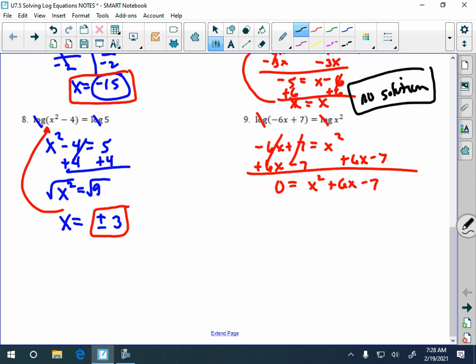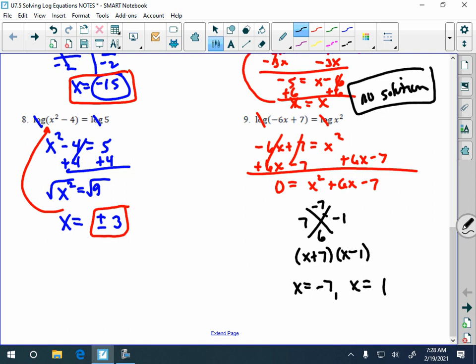Now I have a trinomial, so I can use my x for factoring. Negative 7 on top, 6 on the bottom. So it is 7 and negative 1. So (x plus 7)(x minus 1). And then when I set those equal to 0 and solve, I get negative 7 and positive 1.